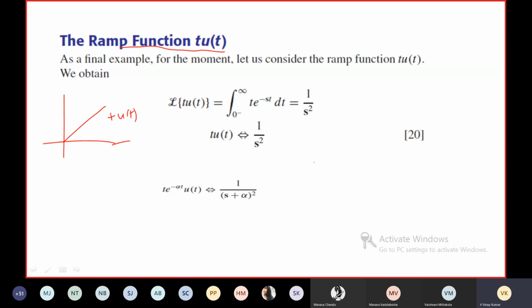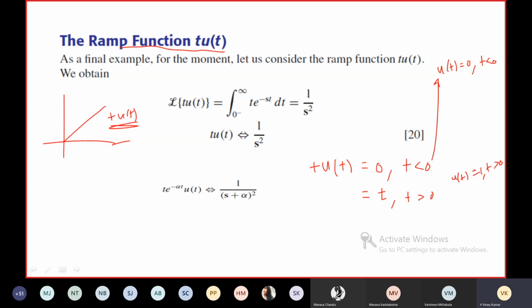You can write t into u of t as equal to 0 for t less than 0, because u of t is equal to 0 for t less than 0, and simply t into 1 for t greater than 0, because u of t is equal to 1 for t greater than 0.